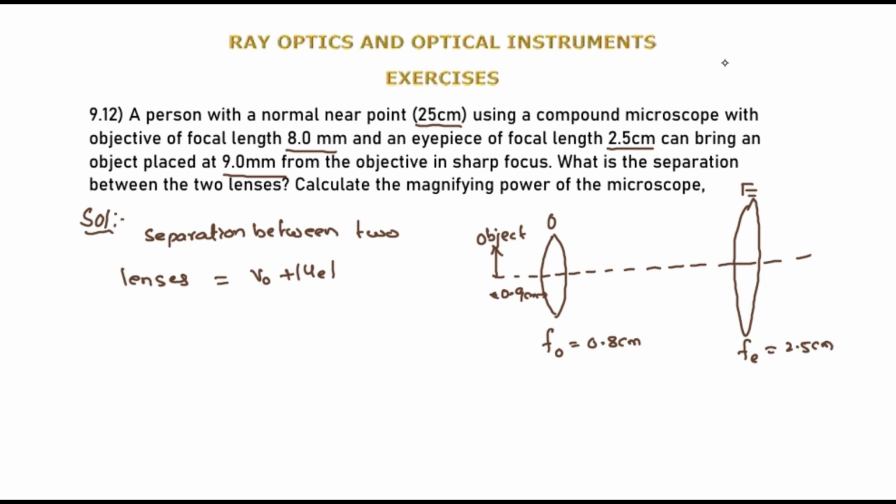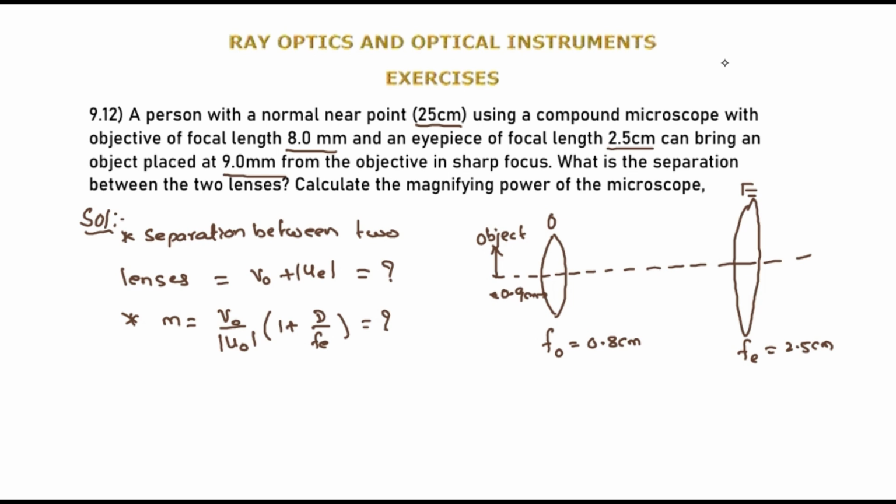This is the formula for the separation between the two lenses. We need to calculate this value, and we also need to calculate the magnifying power M. This M value, for the least distance of distinct vision, is the modulus of V0 by U0 into 1 plus D by Fe, and this value also we need to find out.